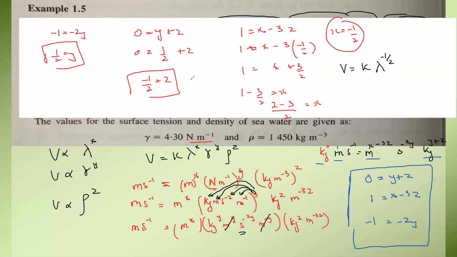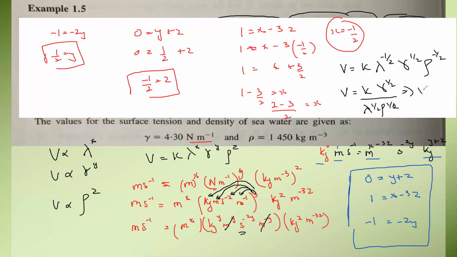Then gamma, the surface tension, raised to power y, the value of y is half, so we put half. And then the density raised to power z, the value of z is negative half, so we put negative half. Now we can say this is equal to k times, the gamma will remain in the numerator, the rest both of them will be in the denominator, lambda raised to power half, density raised to power half.